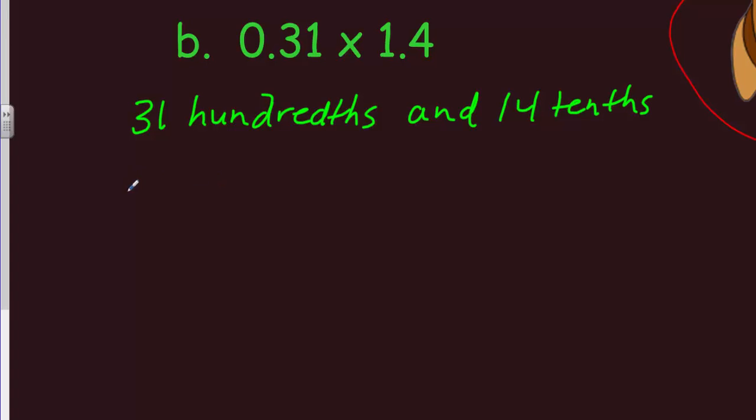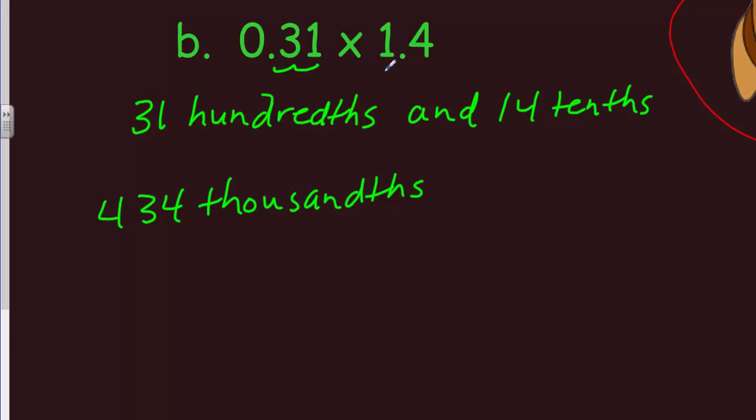So let's go ahead and use that number. In this case, because we have hundredths and we have tenths, we're going to have 434 thousandths. The digits are the same, but we have a different unit this time. The last time we had a total of 2 decimal places in our factors, so we had 2 decimal places in the product. But this time, notice that there are a total of 3.